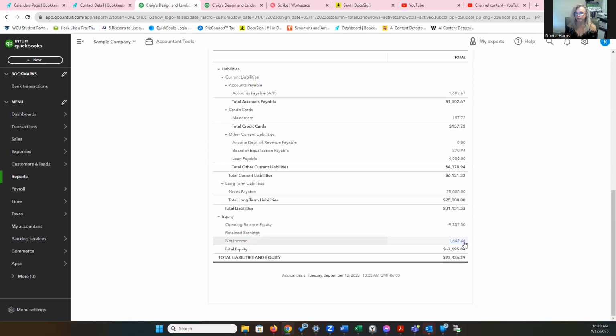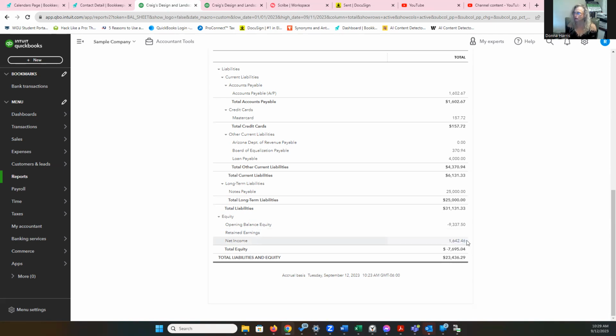If this business had been in January, when the fiscal year closes, this number will roll up to here, and the retained earnings will be a cumulative total.